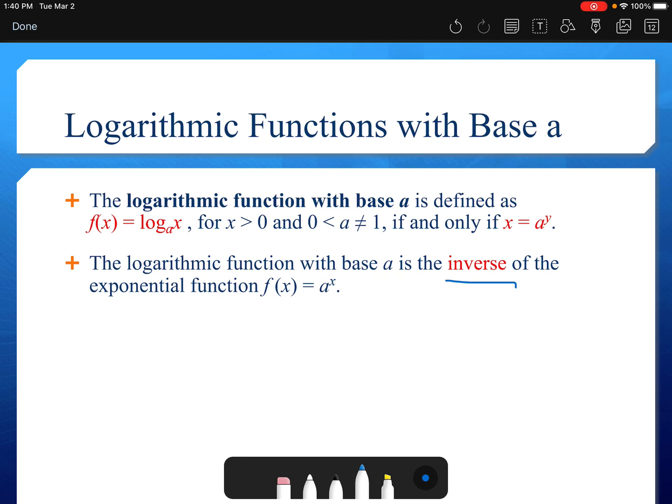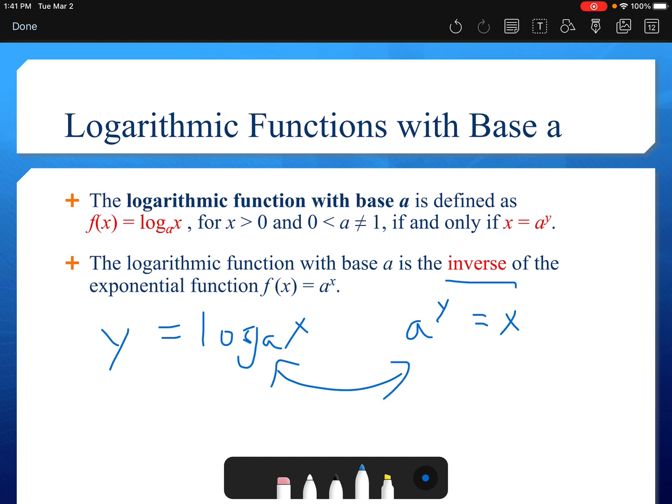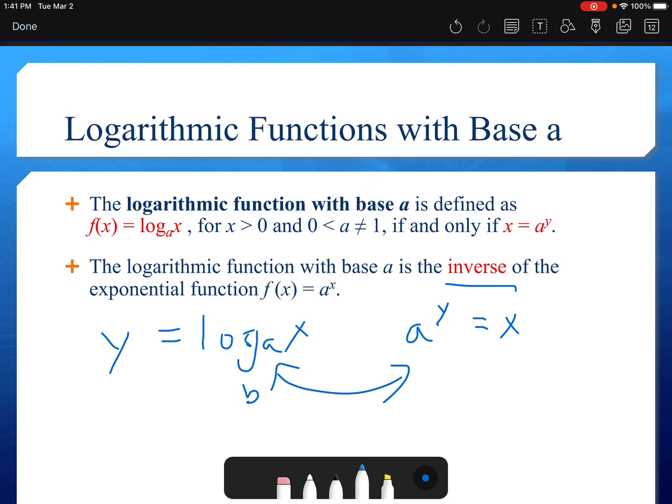So if I said that we had y equals log base a of x, I can convert that to a to the y equals x, because that is the relationship between logarithms and exponentials. So what I usually say is base is a here, exponent is always y, and then the answer I say is usually this.